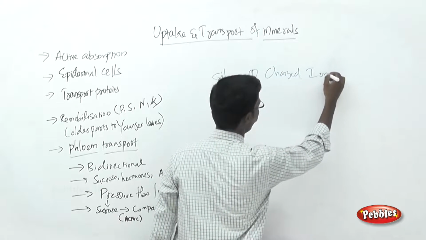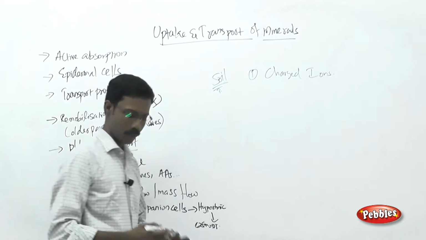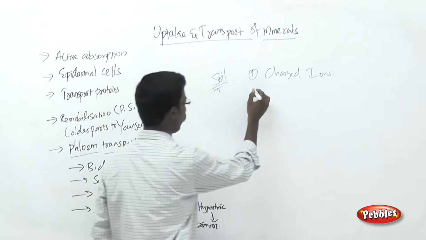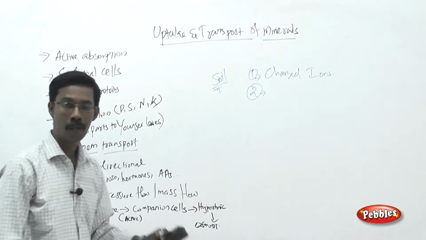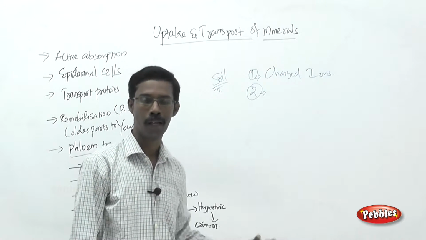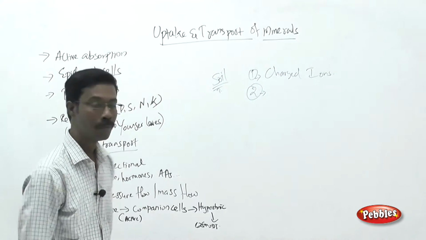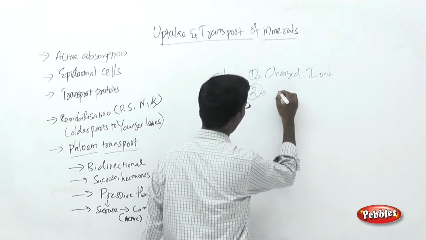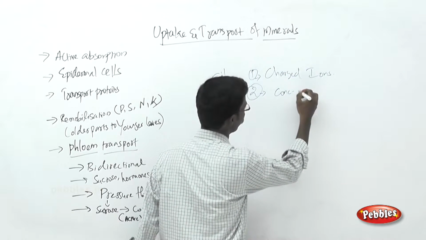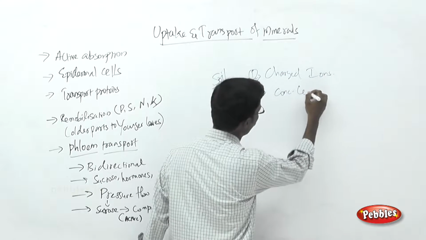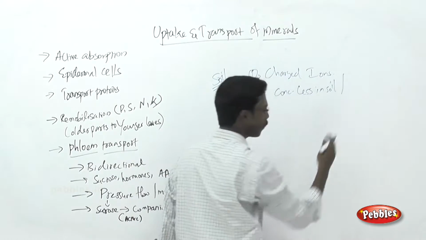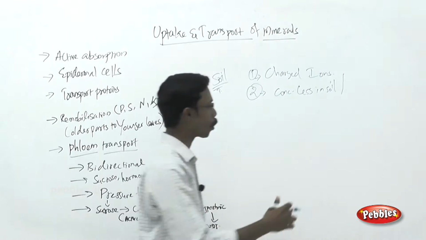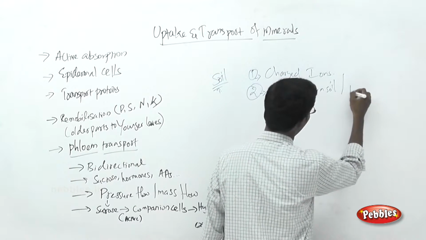And the second point is that the concentration of minerals is normally lower in the soil compared to within the cells of the roots. That is the concentration gradient: the concentration will be less in soil compared to the absorbing cells, as I told you, the root hair cells.